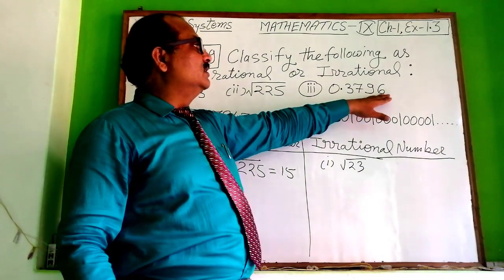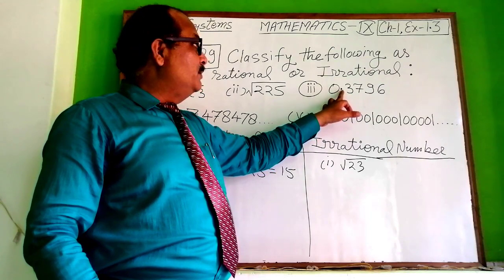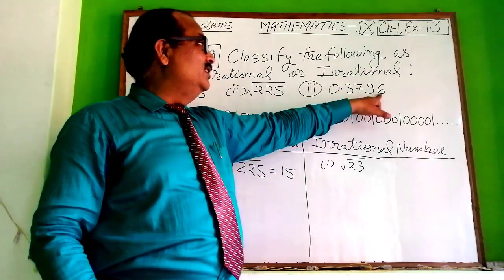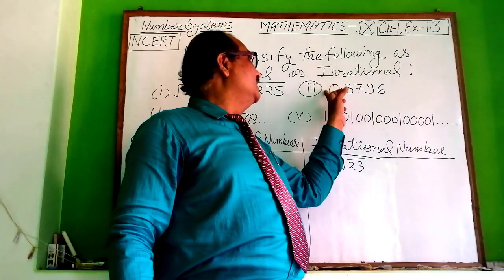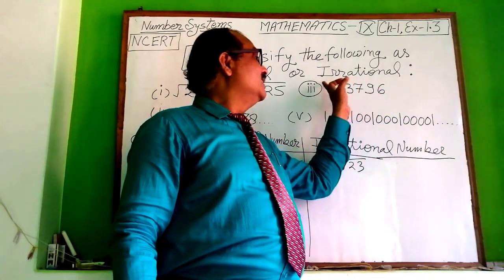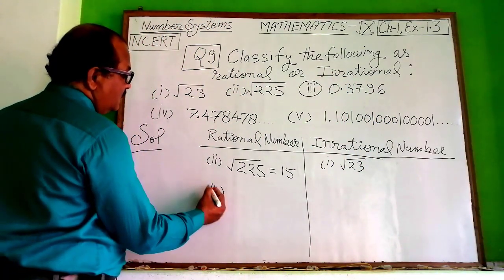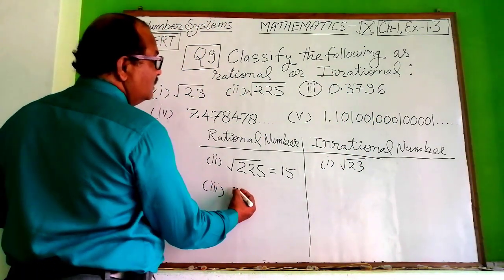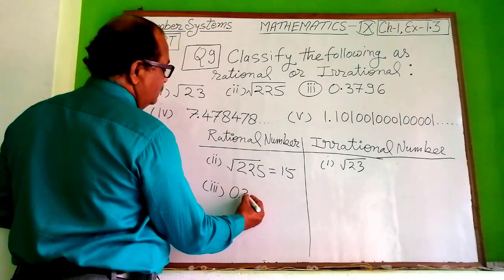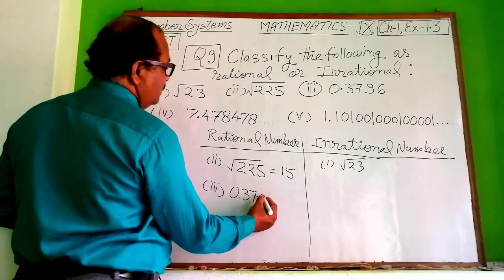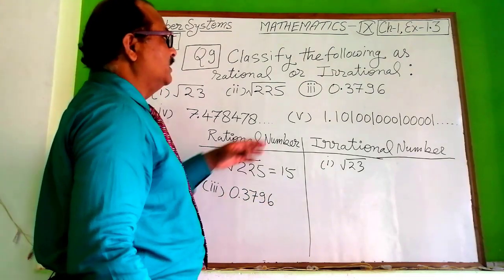Come to the third one. See which type of number this is. After the decimal point, it terminates up to 4 digits. Therefore, all terminating decimals are rational numbers. So the third number you will write on the rational side. You must write the reason: because this number is a terminating decimal.